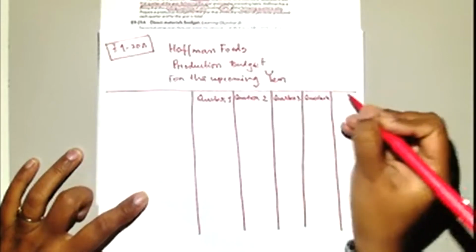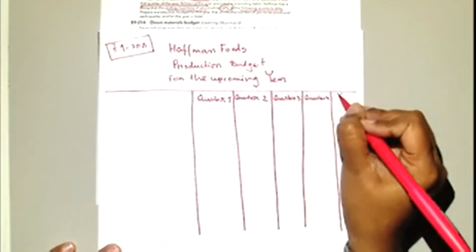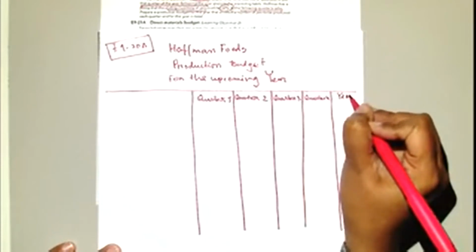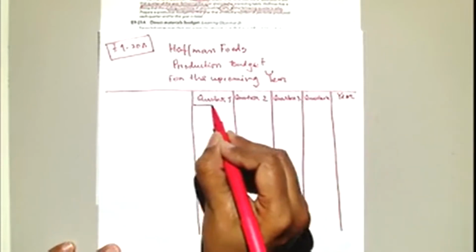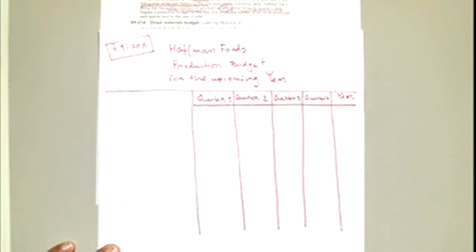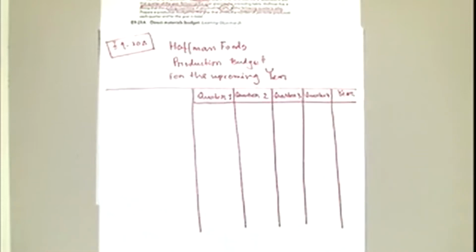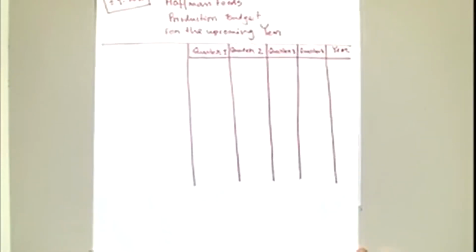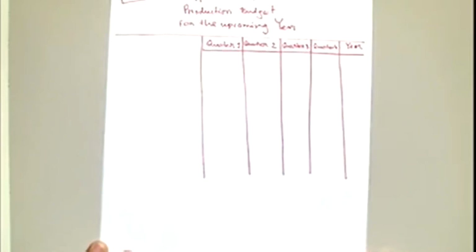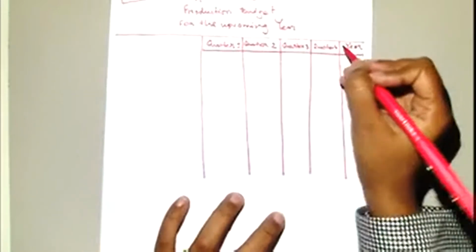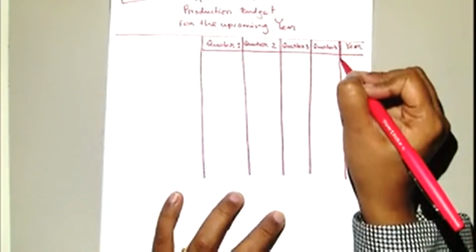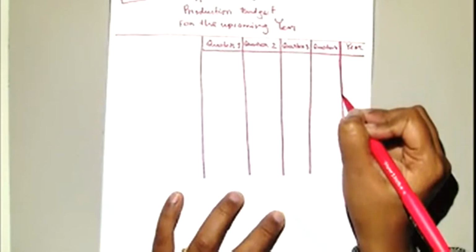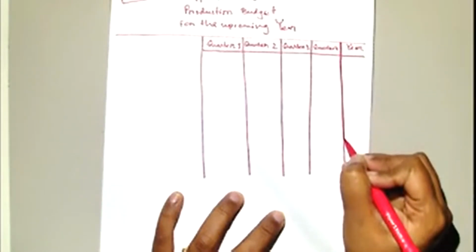Quarter 4, you can write it down total or year. That means this is the total for all of your 4 quarters, that means for the entire year. Right, so once you have these columns, then we're going to try to fill up the columns. Again, I love to draw a double line or just mark it a little bit bold because this is kind of separating the total column.